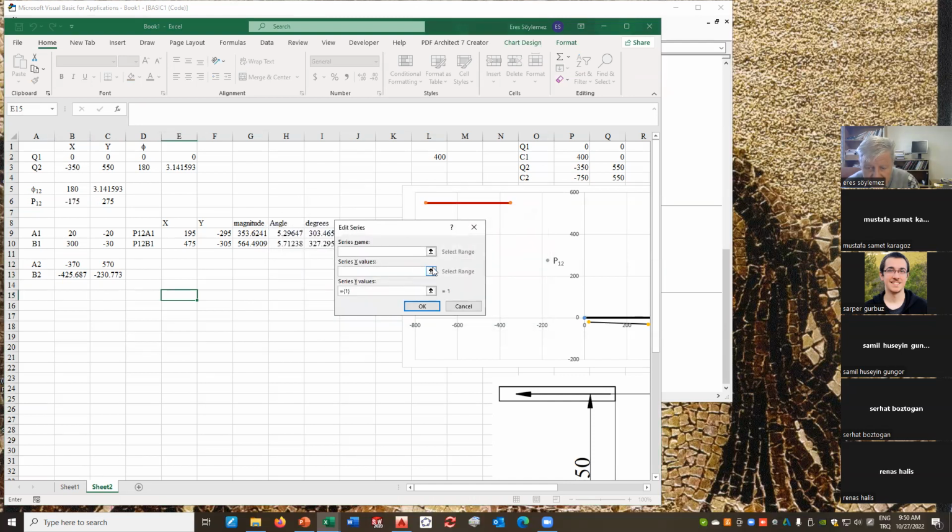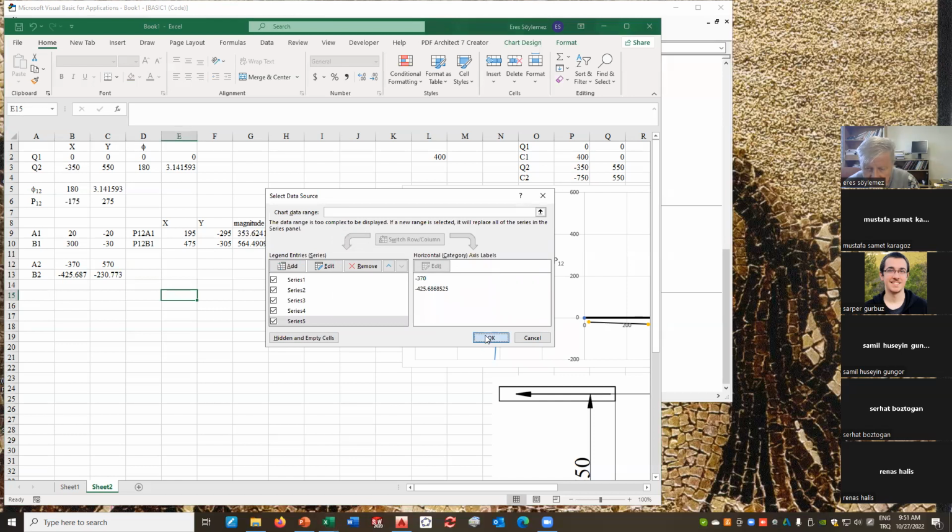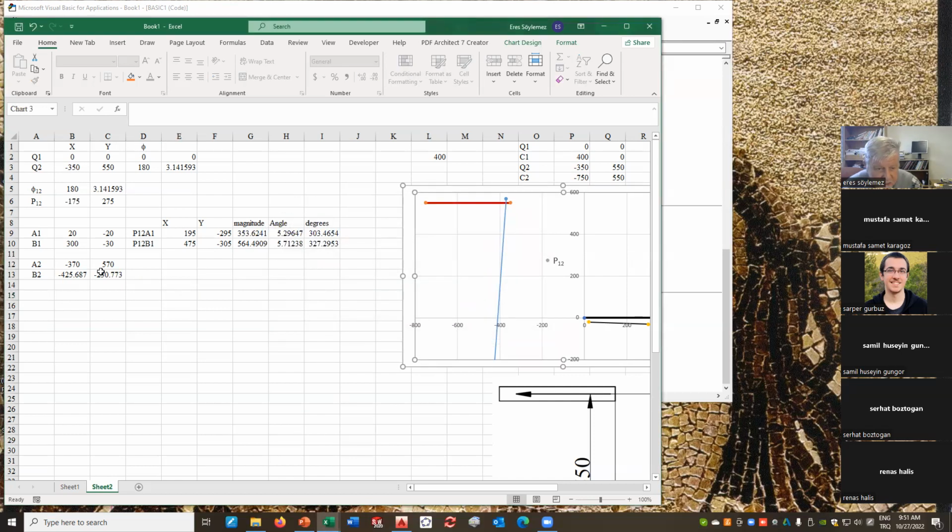Add x coordinates of A2, B2, y coordinates of A2, B2. Yes, I have made a mistake. C6, that's correct. G10. That's correct. Sine of H10.